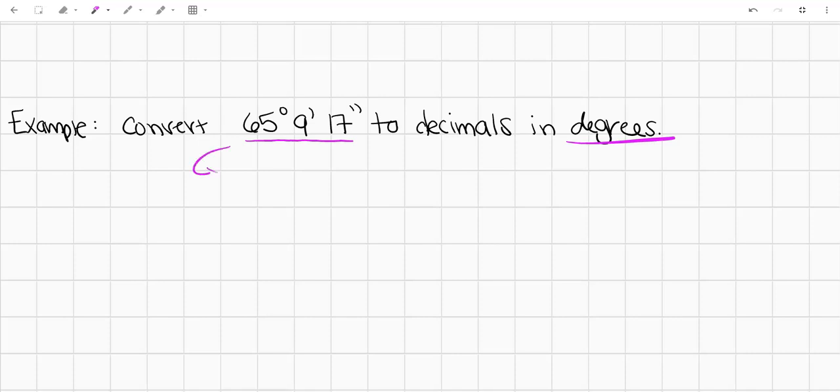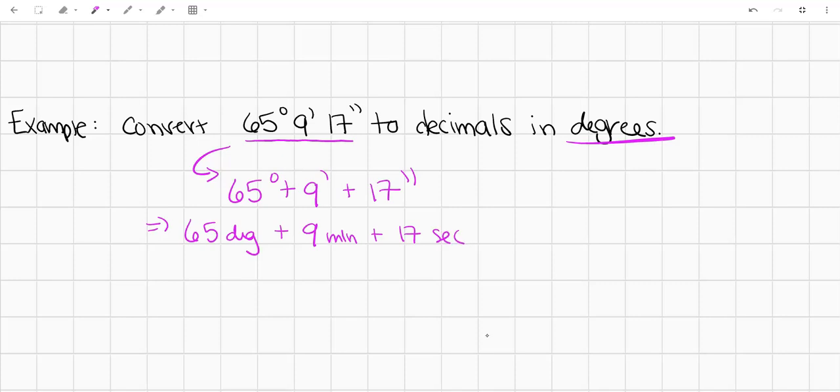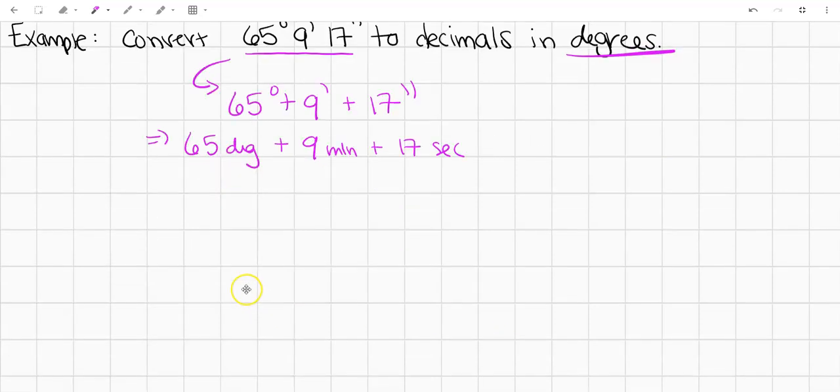I'm going to rewrite this as 65 degrees plus 9 minutes plus 17 seconds. They equal the same thing anyway. So the 65 degrees is fine. We don't need to do anything, but we do need to convert the minutes to degrees.